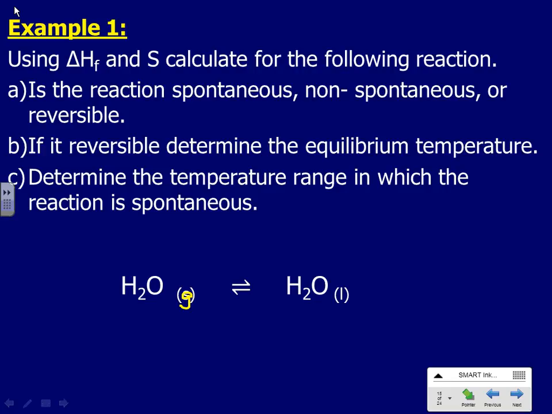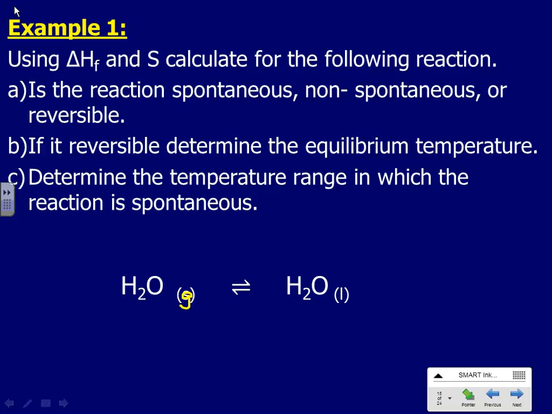No assistance needed. If I had a reaction that was opposite, right? The entropy is the one that's spontaneous and the enthalpy is not spontaneous, then I get the opposite effect. It would be spontaneous above those temperatures. Okay? All right? Okay.